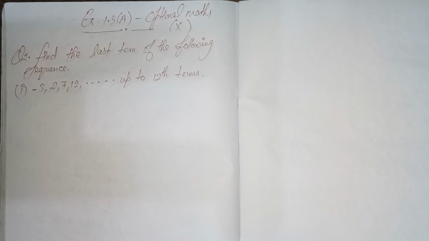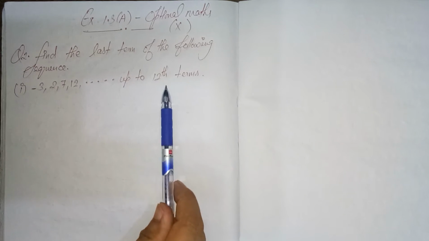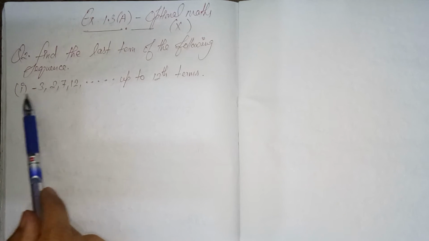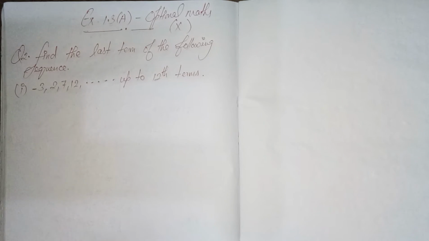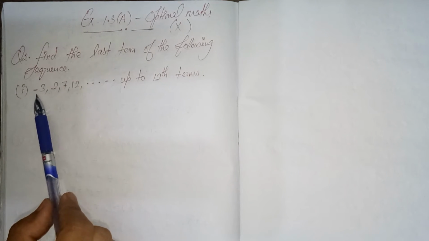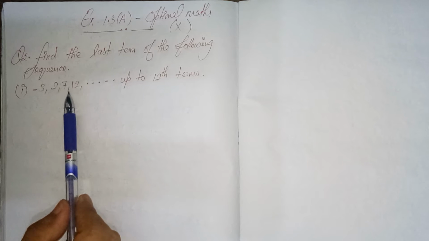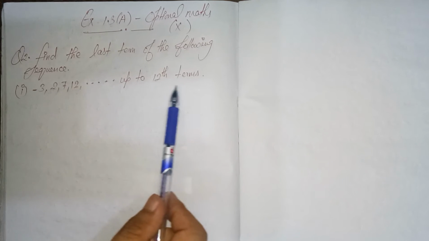Okay, question number 2 is asking you to find the last term of the following sequence. That means we have been given some sequence and we have to find the last term, and here the last term is specified. In the first question, it is given as -3, 2, 7, 12 and so on up to the 12th term.